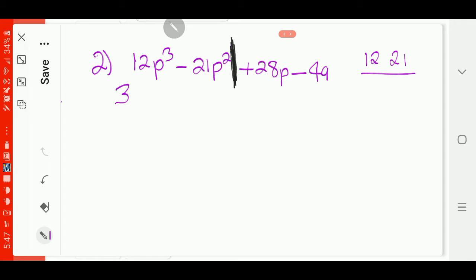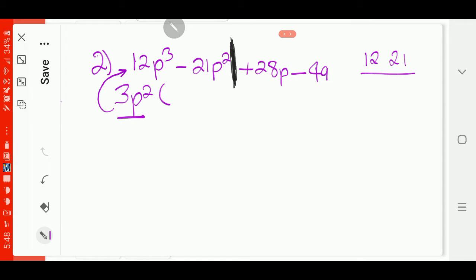So now what about this p? Again, like the problem beforehand, we have a p cubed and a p squared. So what are we going to do? We're going to factor out a p squared. So now, what do we have to multiply this term by to get 12p cubed?